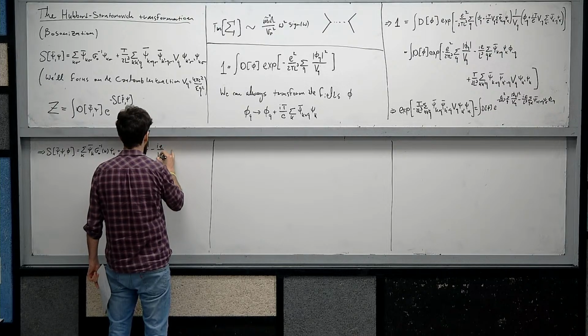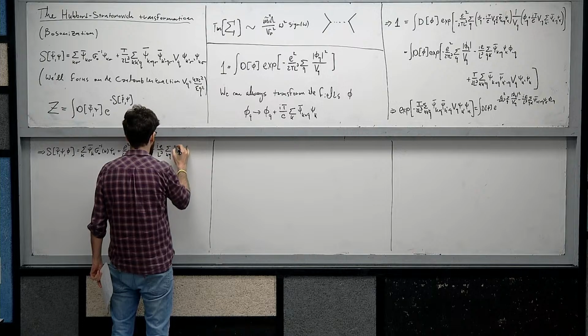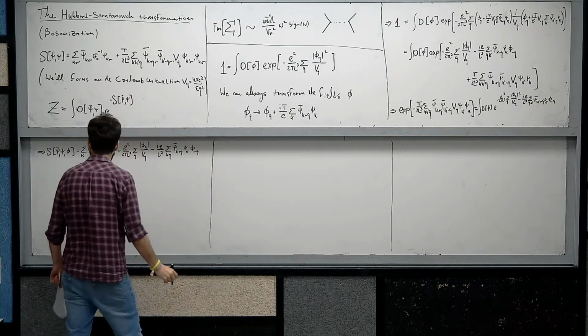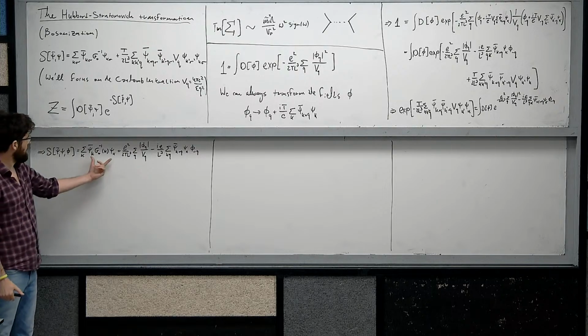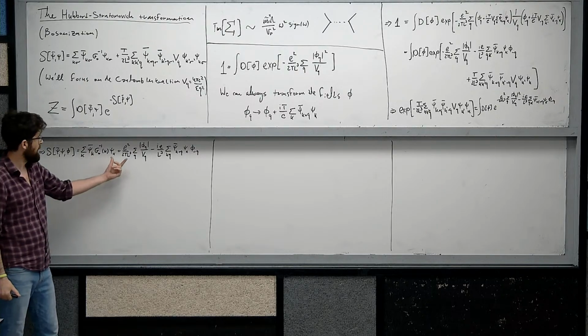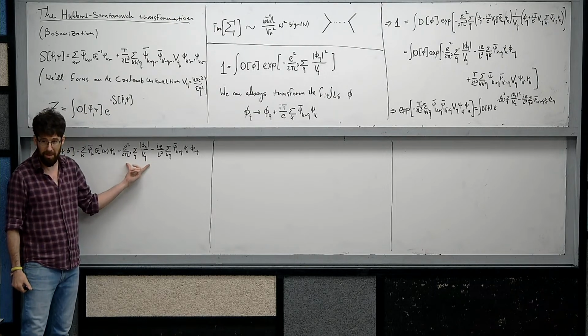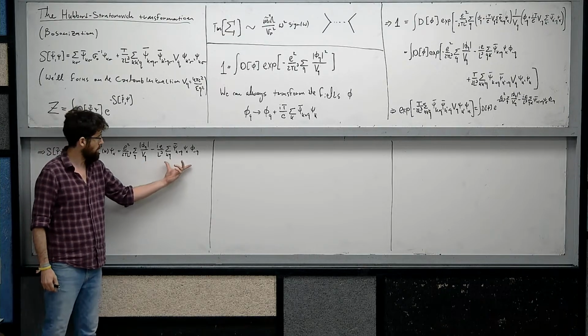Minus ie over l cubed, sum over k and q, psi bar k plus q, psi k, phi of minus q. Now this is, to some extent, the Yukawa theory, right? Here we have the fermions, free fermions. Here we have free bosons. These bosons don't have any dynamics. They might be boring, but they are some boson field. And then we have the coupling.